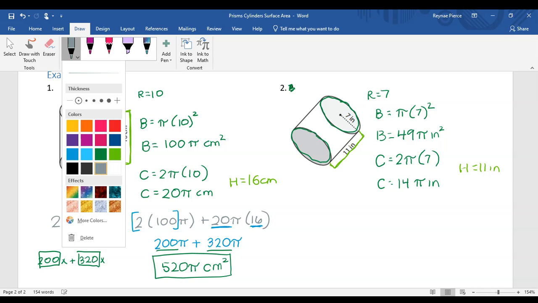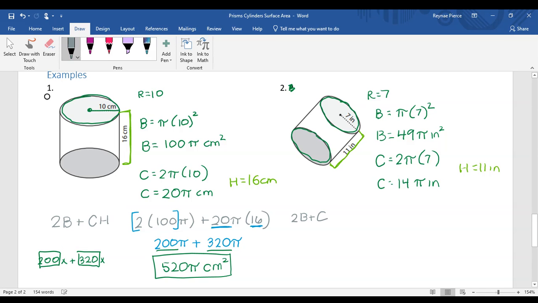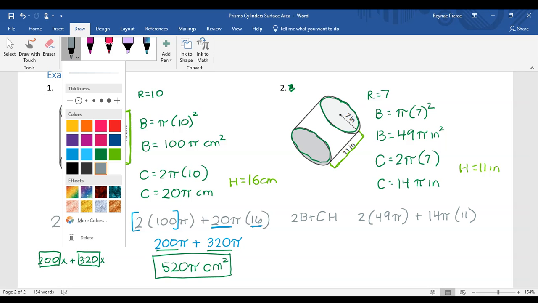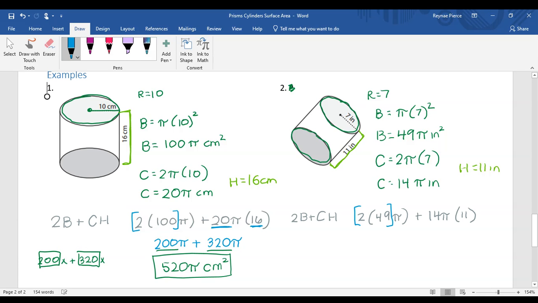So my equation 2B plus CH, since this is a cylinder: 2 times 49 pi, because that's the area of my base, plus my circumference times my height. Okay. Again, we're going to take 2 times 49 for a total of 98 pi here. That represents the area of both bases.